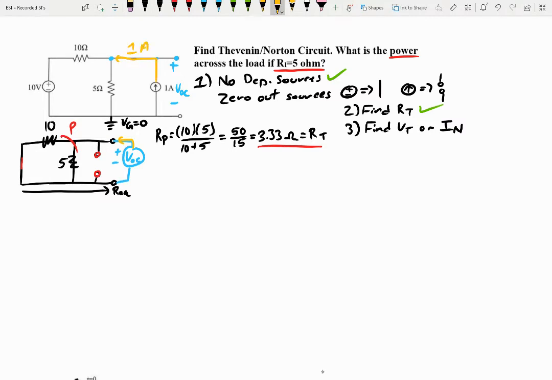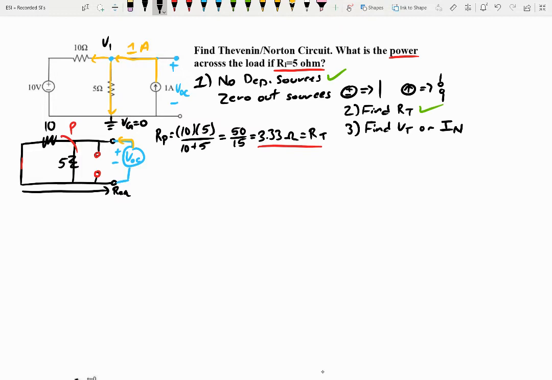That'll be our 1 amp. We act as if some current's going down this way, and then we'll have some current going that way. All right. So let's go ahead and do that. So I'll call this V1 right there. Okay. So let's go ahead and write all that out for us.